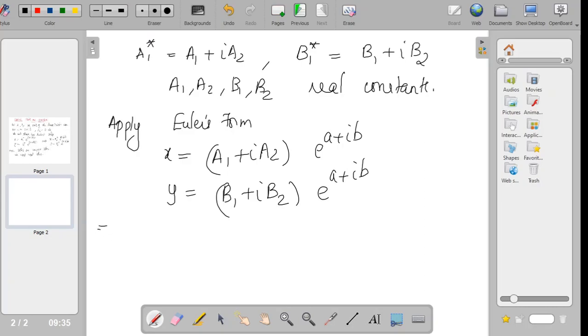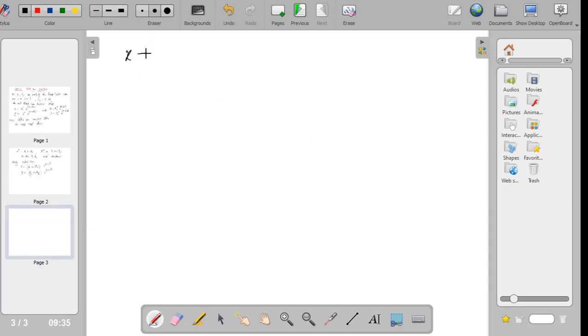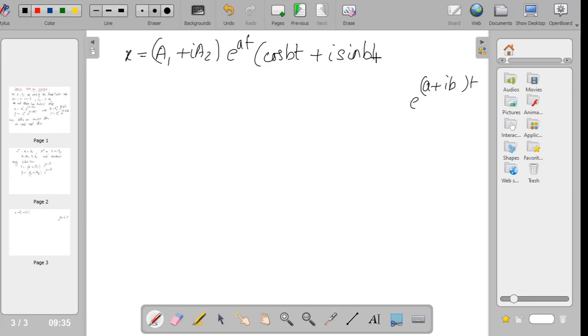So when you use the Euler's expansion, x is a1 plus i a2 times e raised to a plus ib t, so that gives e raised to at into cos bt plus i sin bt.